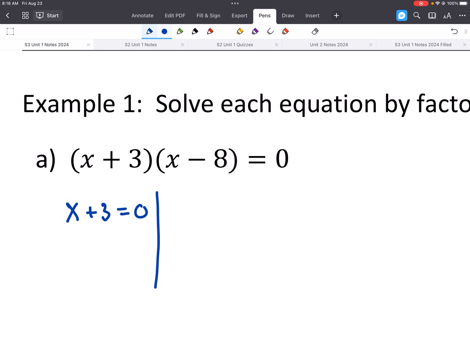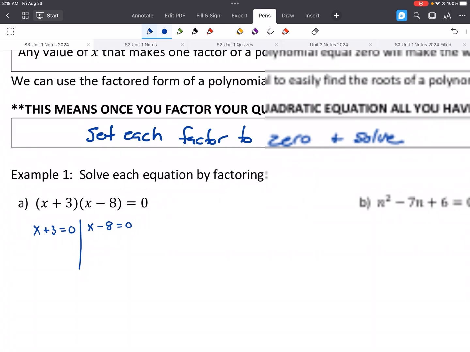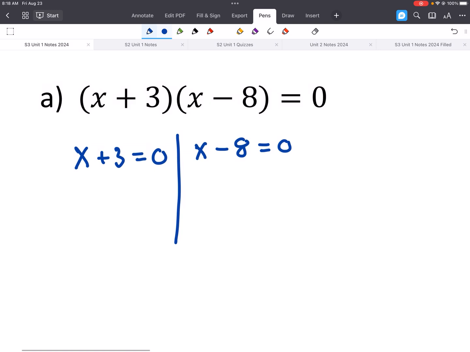And same with the other factor, x minus 8 would have to be 0, because if that's 0, then the whole equation will go to 0. Okay? So once you get to those 2 factors, all you need to do is set each factor equal to 0 and solve. So that's what we got. We got those 2 factors equal to 0, and we just need to solve.